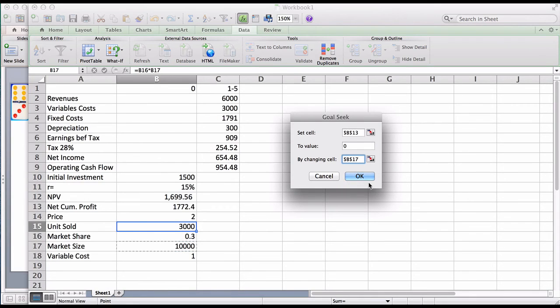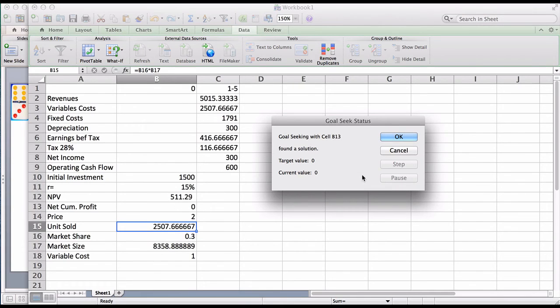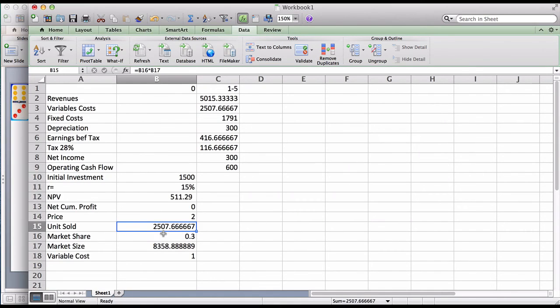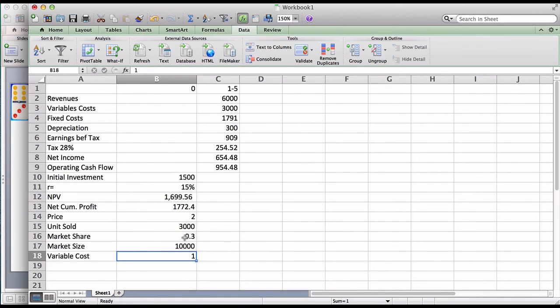So let's look at the market size. What impact does this have? The minimum market size, assuming that we get a market share of 0.3 to give us an accounting break even, is 8358. That leads to the number of units sold to be 2507. So the minimum number of units sold here is 2507. We might actually say, let's bring this back to 10,000 and say, in actual fact, we're worried about the market share.